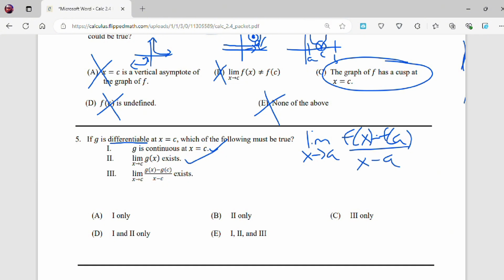This third statement looks very similar to this formula. And this formula right here is one of the derivative formulas, okay? And so, if the limit as x approaches c of g of x minus g of c over x minus c exists, then that is the same thing as saying g prime of c exists. And so our answer is E, since all statements are true.